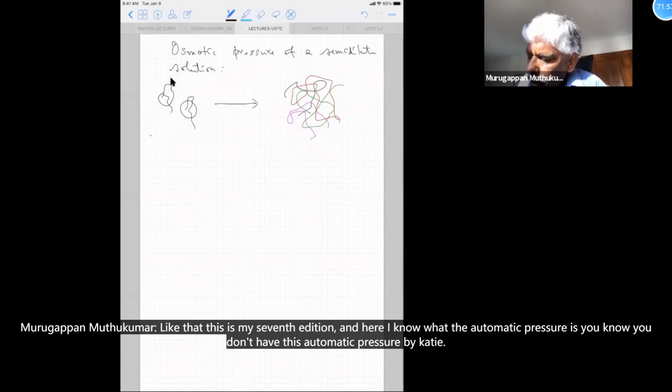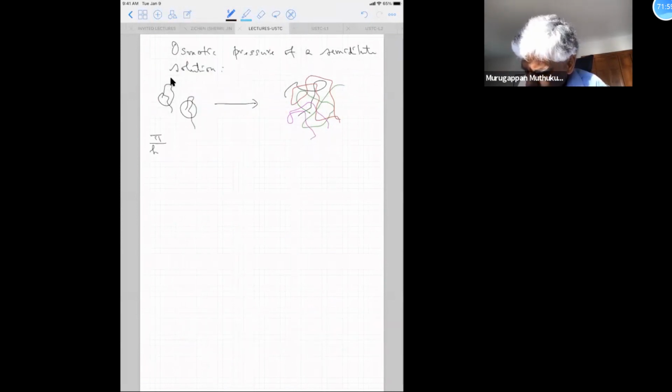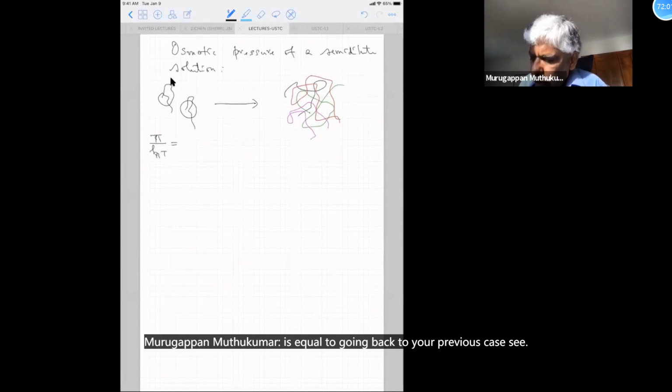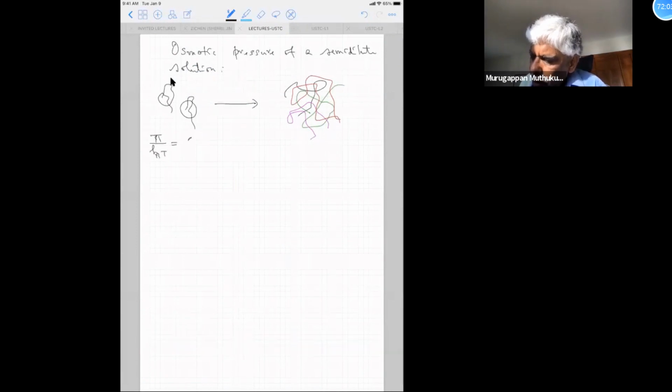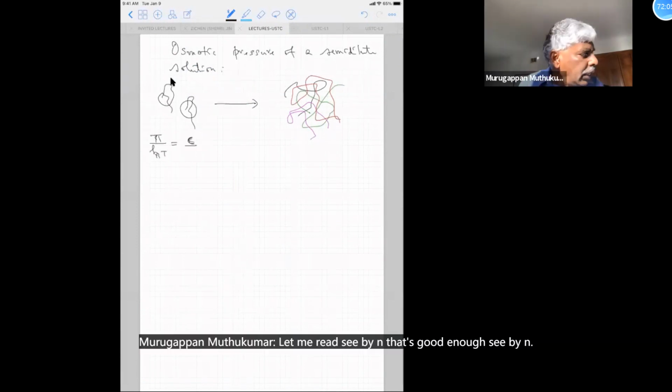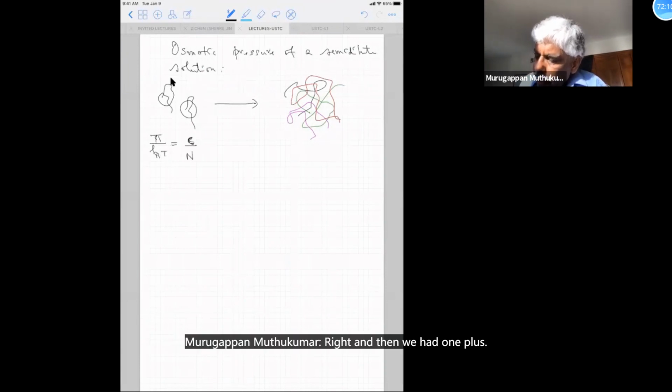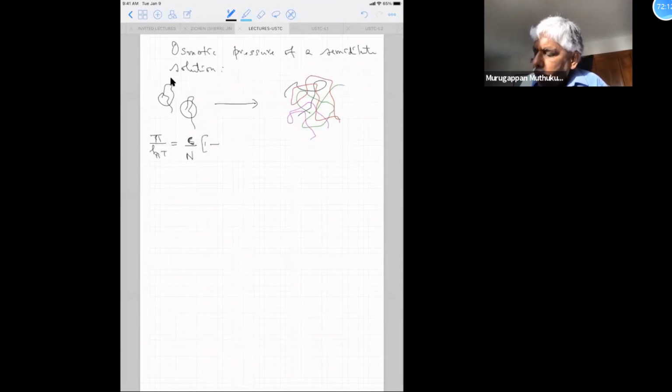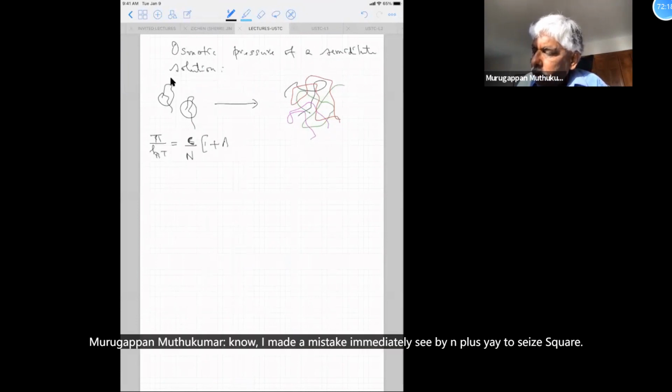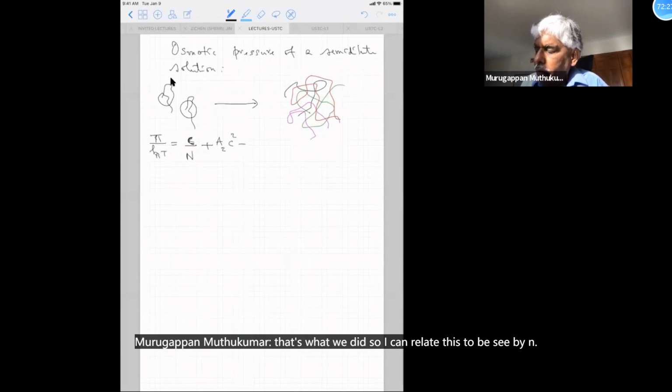You remember this? Osmotic pressure by kT is equal to, going back to your previous case, C by N. Right? And then we had 1 plus A2. No, I made a mistake. Let me rewrite it here. C by N plus A2 C squared. That's what we did.